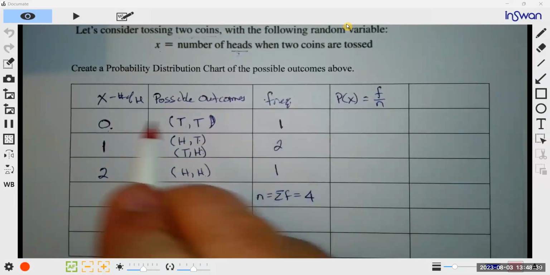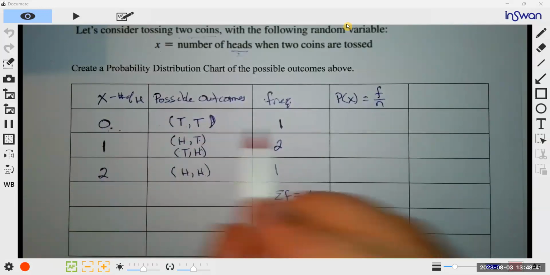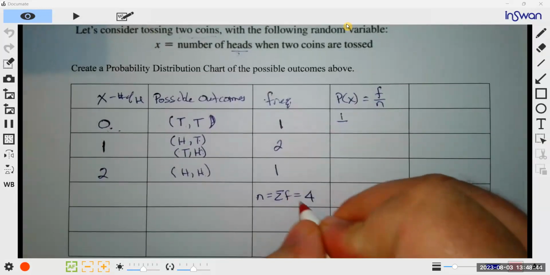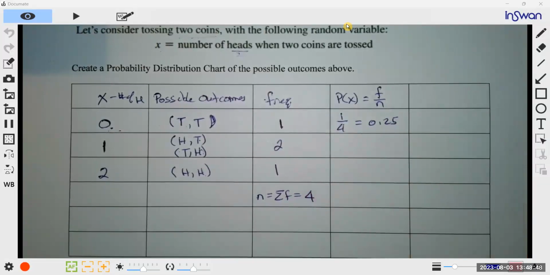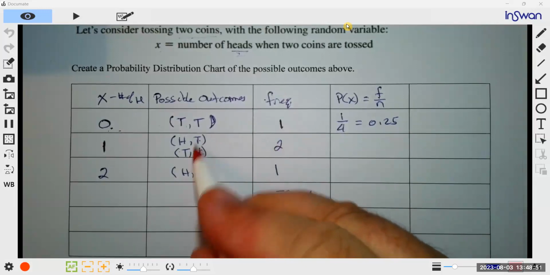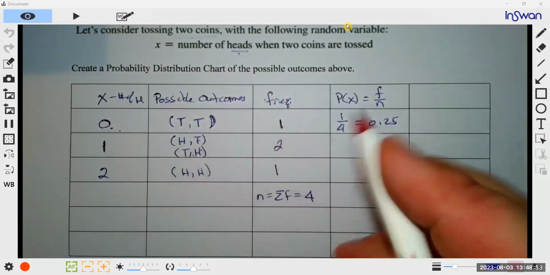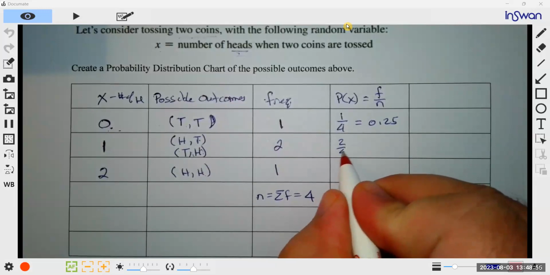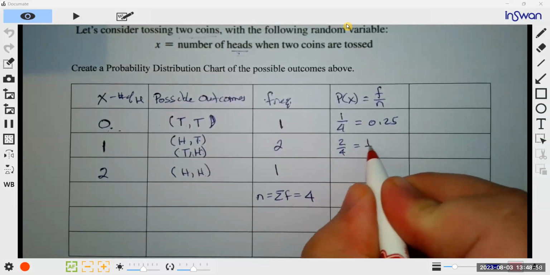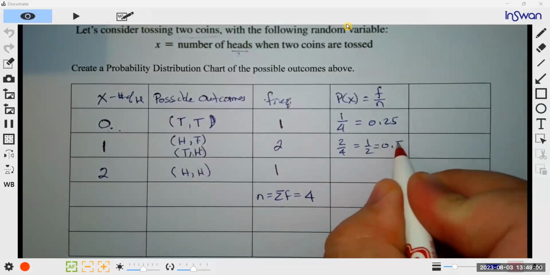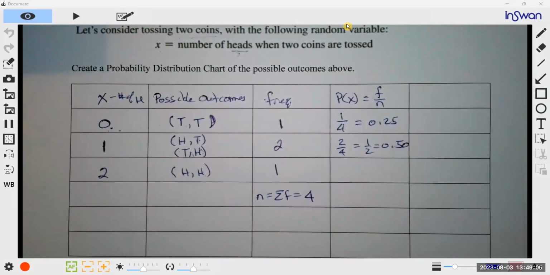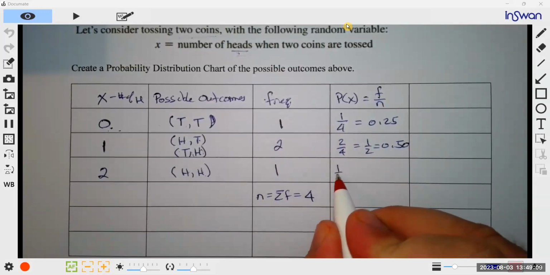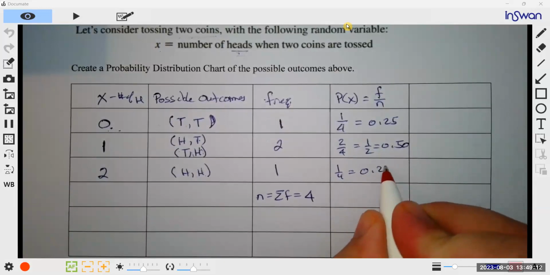So for 0, no heads, it's 1 over 4, which is 0.25. Or with 1, there are 2 possibilities, 2 over 4, which is the same thing as 1/2, which is 0.5. And likewise, the last one only happens once, so it's 1 over 4, which is 0.25.